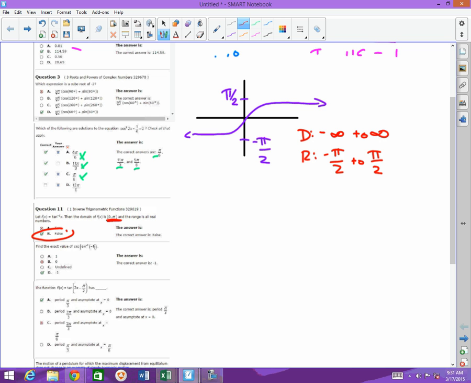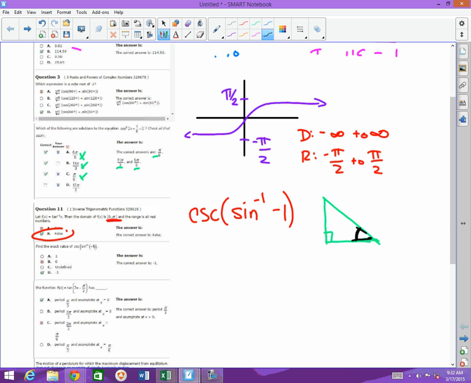All right, the next question says find the exact value of cosecant of inverse sine of negative 1. This one's relatively not too bad of a question, but anytime you get something like this, dealing with any of these functions, sine, cosine, tangent, secant, cosecant, cotangent, always draw yourself a right triangle. Even if you draw it incorrectly, just pick your angle.